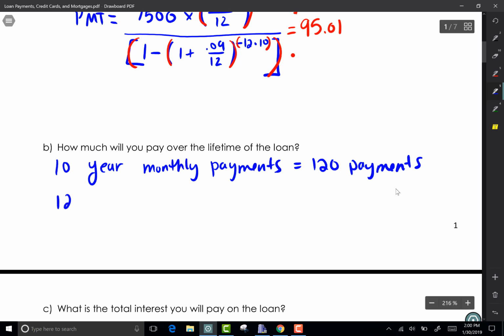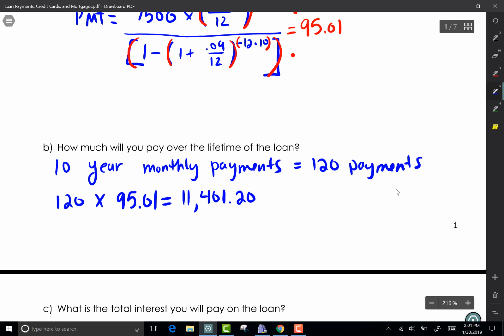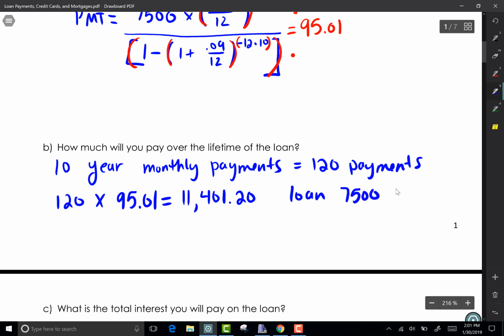So if I take 120 times 95.01, I put that into my calculator, I'm going to get $11,401.20. So for a loan that's $7,500, I borrowed $7,500, but I end up paying $11,401.20.